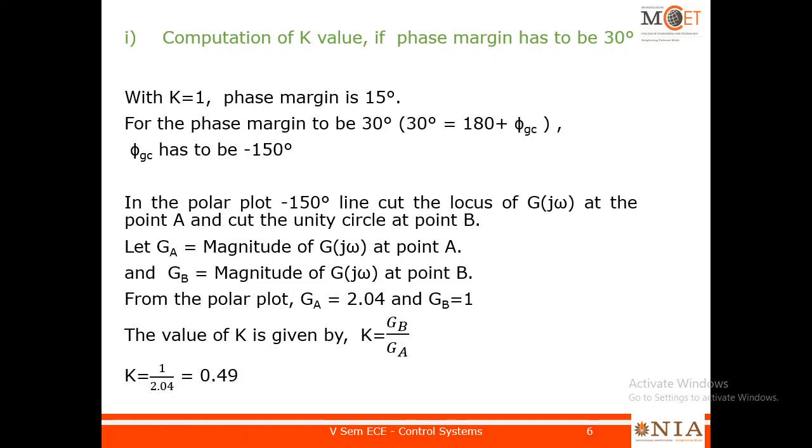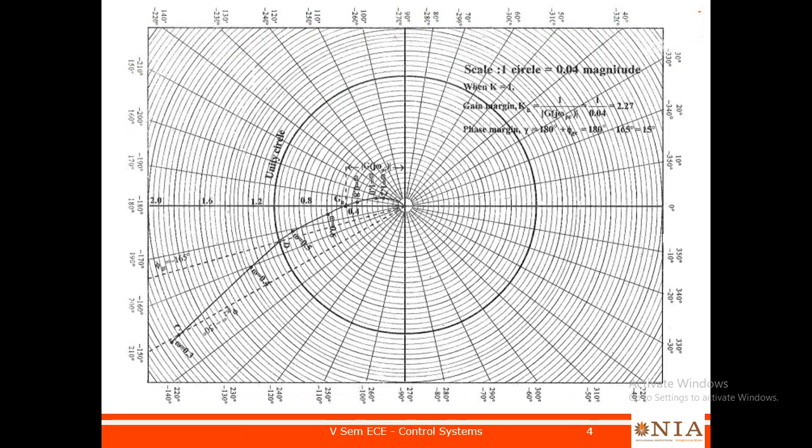How to find GA? Please come back to this graph. The required phi GC was minus 150 degrees, am I right? So now you have to find where the curve cuts the minus 150 degree line. I think the minus 150 degree line is here.